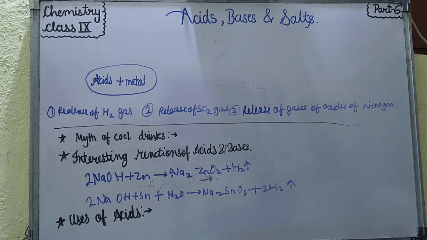Eighth is benzoic acid, formula C6H5COOH, uses preservation of food and making perfumes and medicines. Nitric acid, formula HNO3, is used in explosives. Phosphoric acid, H3PO4, is used in fertilizers.